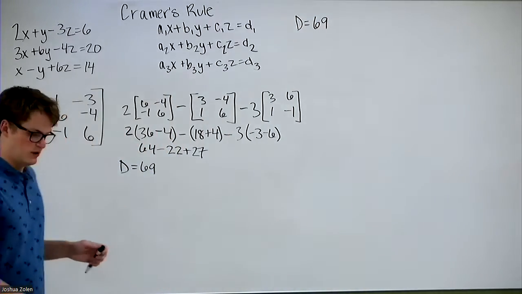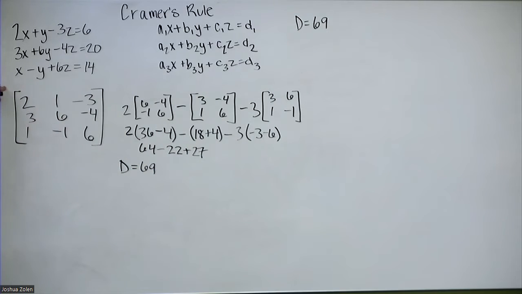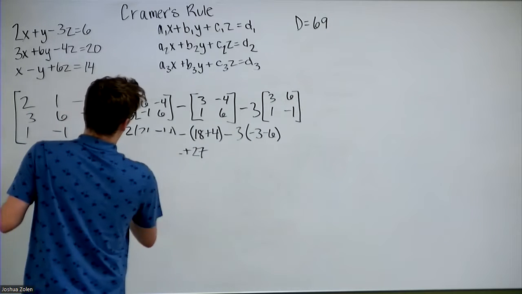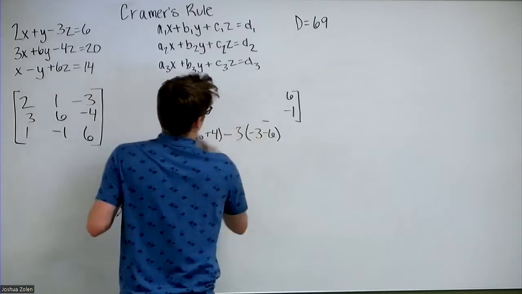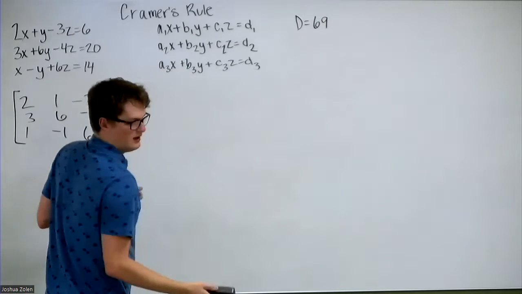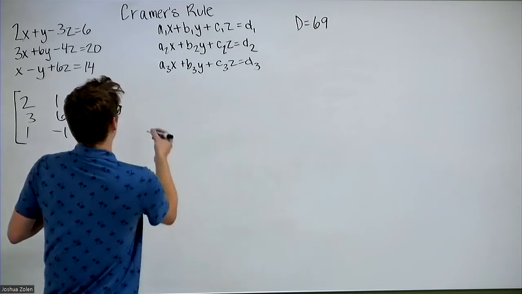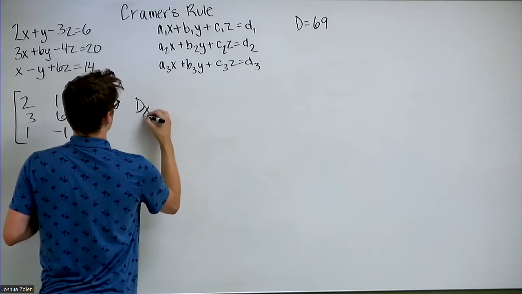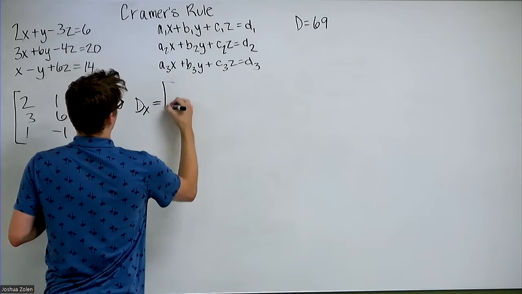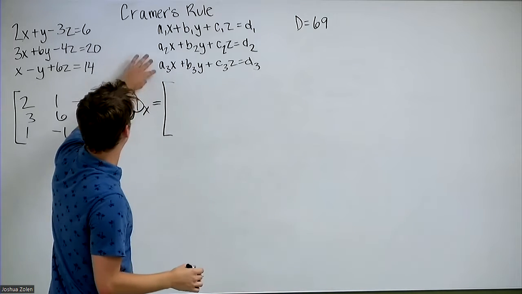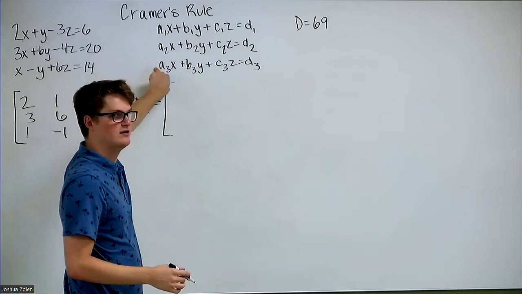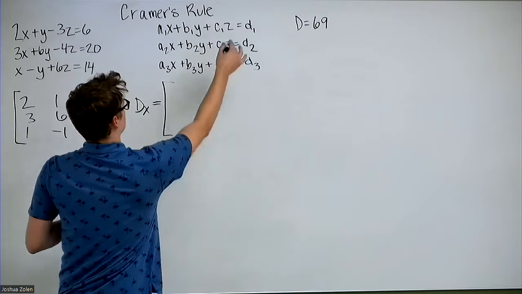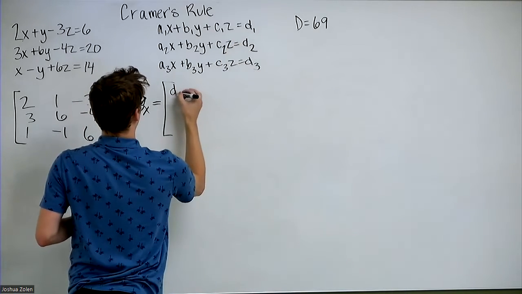All right, so if you'll remember the formula, it was the determinant of x or the determinant of y divided by the determinant. So now we need to figure out the determinants of the 3 different variables. In order to do that, let's use dx. Instead of putting the a1, a2, and a3 in the first column, we're going to switch it out for d1, d2, and d3.